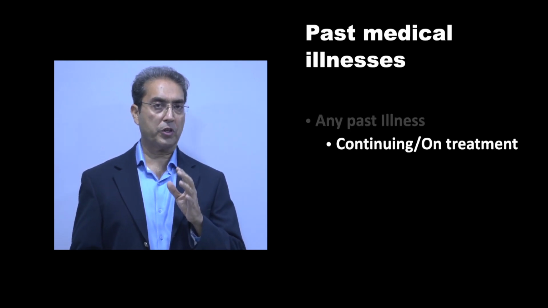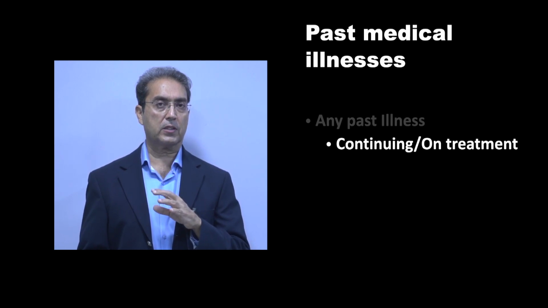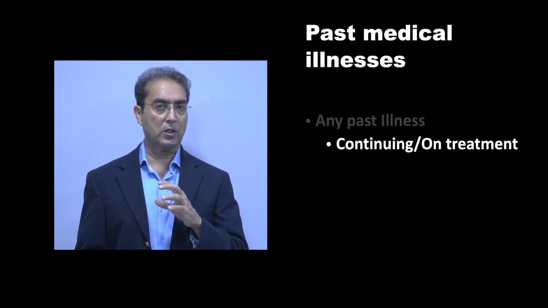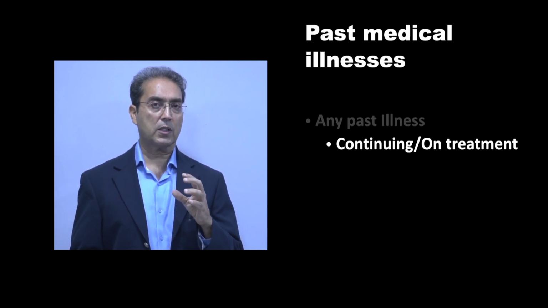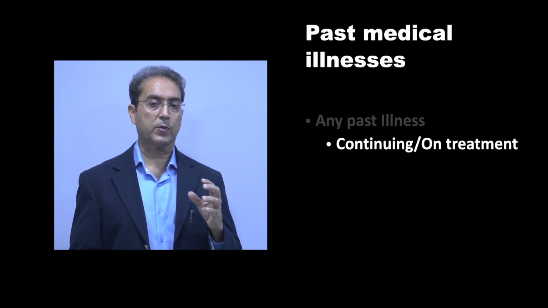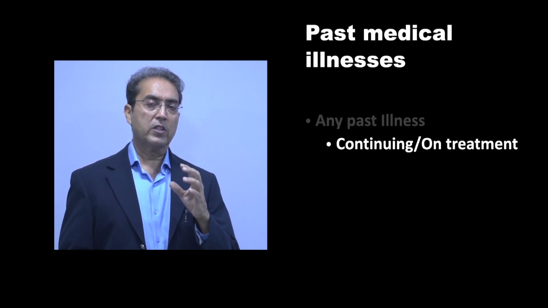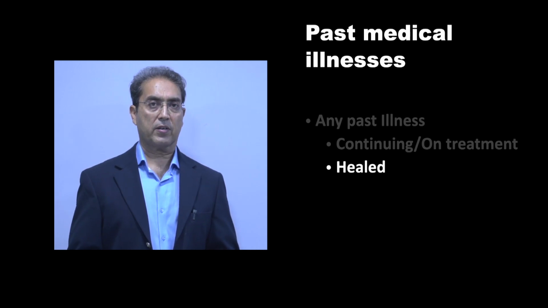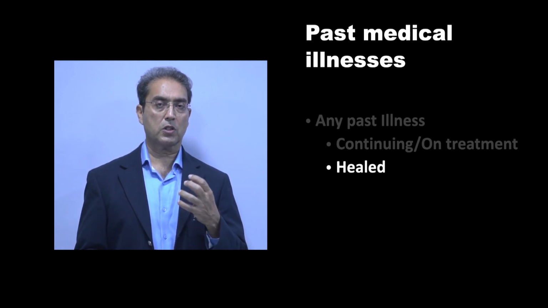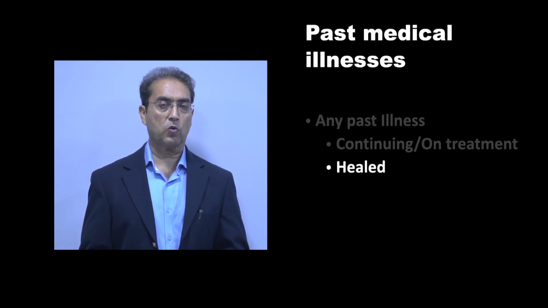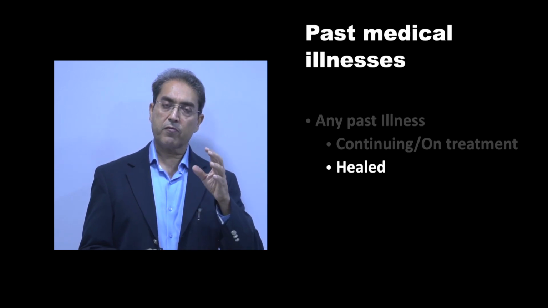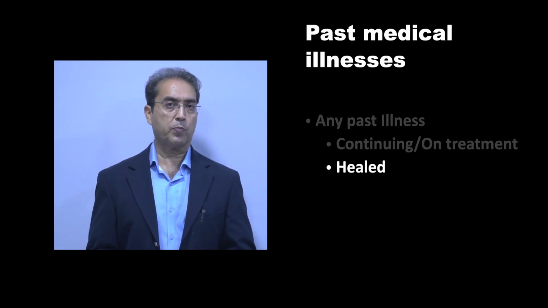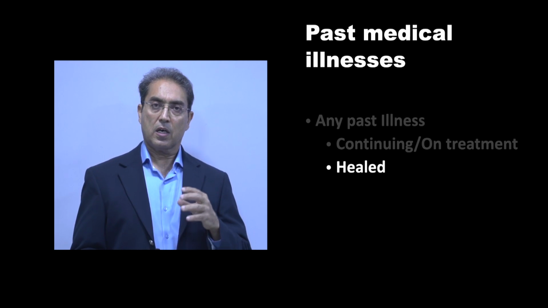If the patient is on treatment, what sort of treatment has the patient been taking? Is it surgical, or has the patient been on drugs, and what drugs? Then if this is a healed past infection, record the infection, what was the diagnosis and what treatment the patient was offered, and have information about all past medical illnesses.